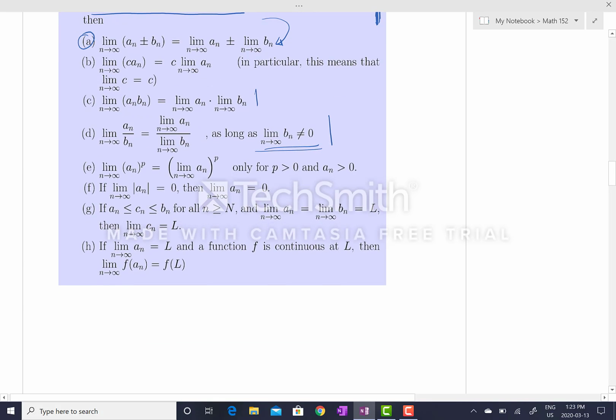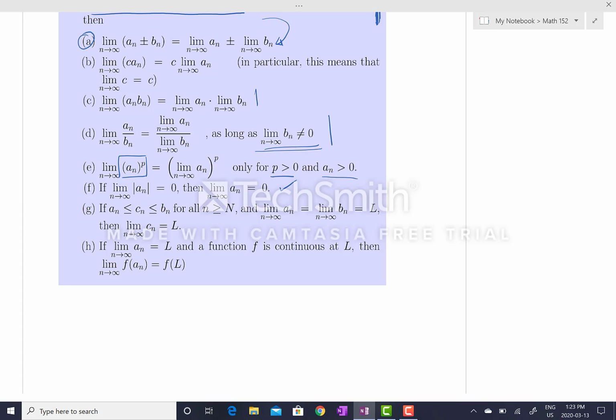If we were to take the limit of a sequence where we raise each item to the pth power, then we could simply take the limit and raise that to the pth power. This is true only when p is greater than 0 and all of our terms are positive. If the limit of the absolute value is 0, then the limit of the sequence, which maybe all the terms are not positive, is also 0.